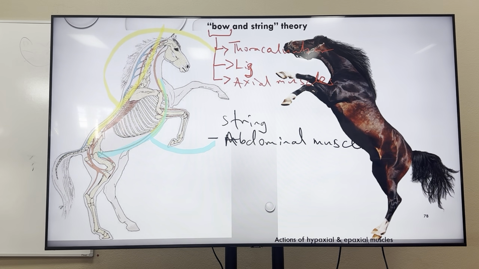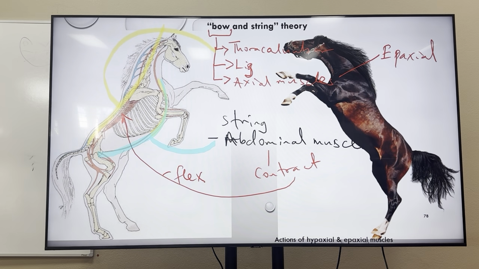When the abdominal muscle contracts, it will flex the bow. It causes flexion of the bow. Here, largely we are talking about epiaxial muscle.